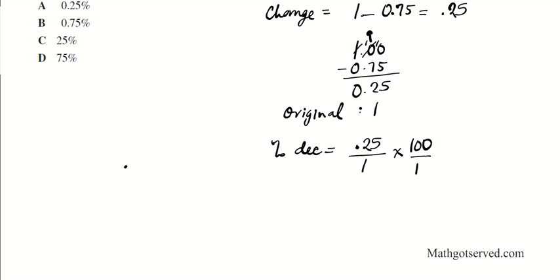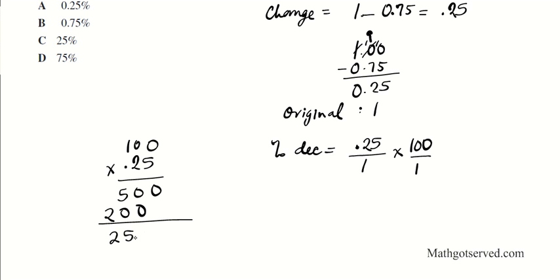So 0.25 multiplied by 100. Let me do this properly so you don't get confused. When I do the 5, I have 0, 0, 5, and then when I do the 2, I have 0, 0, 2, and then when I add downwards, I have 2500.